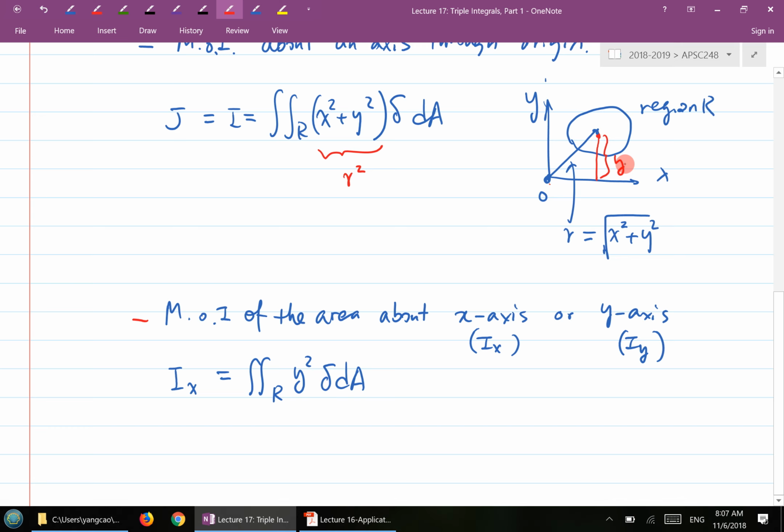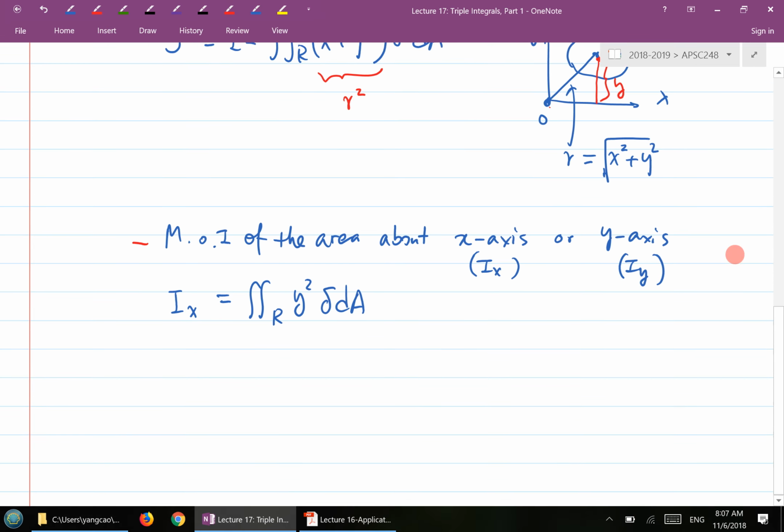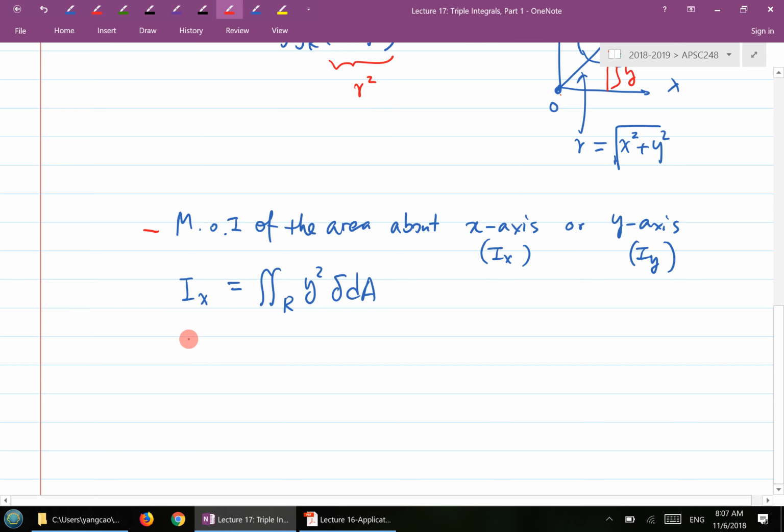The second moment of area is basically the area times the distance squared. That's why they call it the second moment. The first moment is just area times the distance. Similarly, you have Iy, the double integral of x squared delta dA. So there are a whole bunch of formulas here.